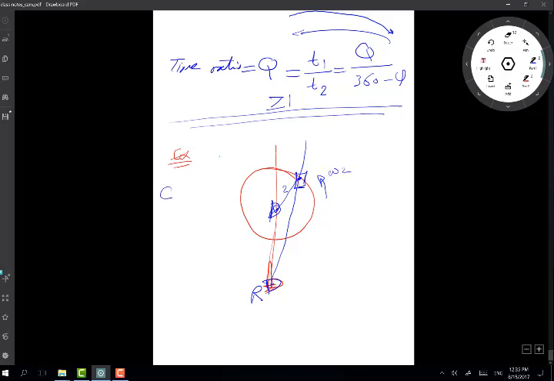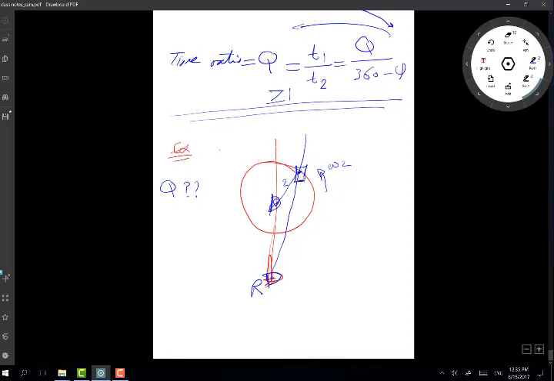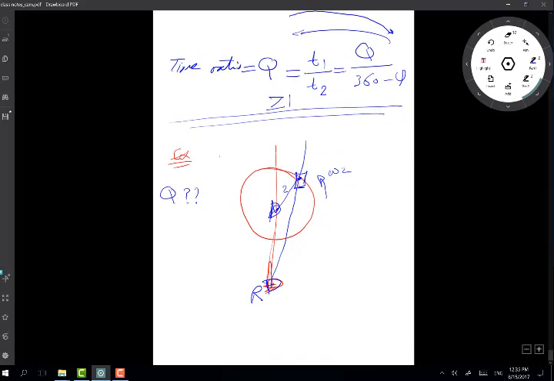Find the time ratio of this linkage. How would you do that? You need to find the maximum throw. If this link is number 3 and this is link number 4, link 4 is a rocker. It is going to rock between two extreme positions, and we need to find them.